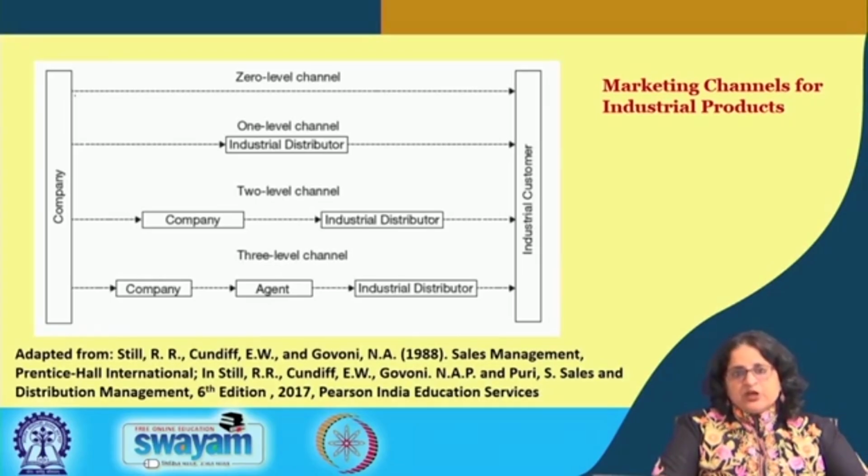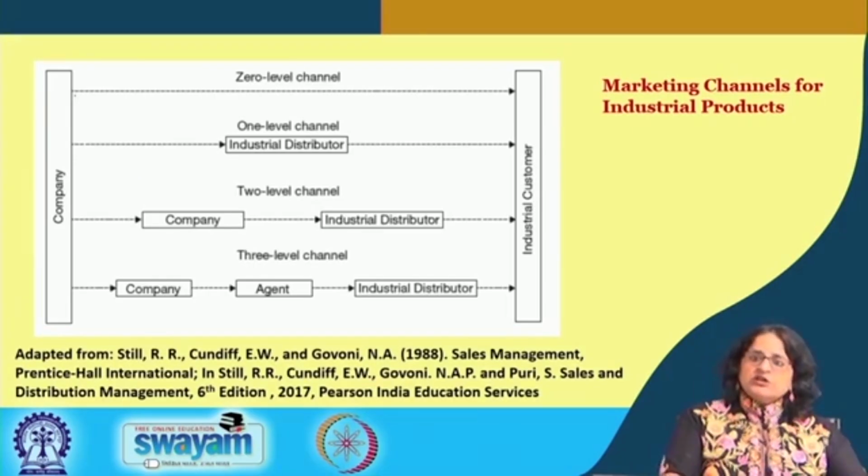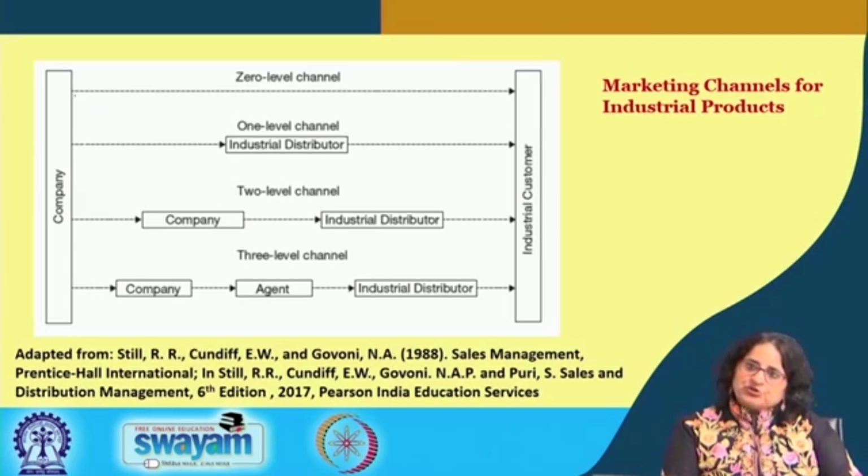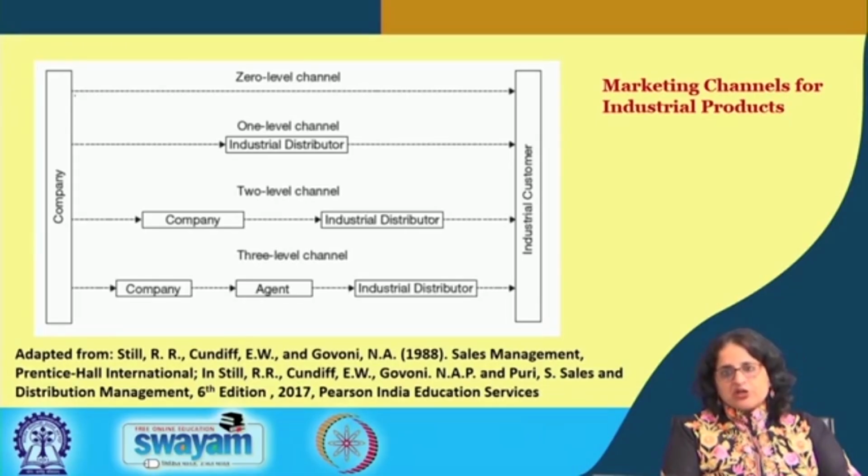And in the case of a 3 level there is a company representative and an agent and industrial distributor. But the longer the channel, the more costly it is going to be, because the channel intermediaries like distributors or agents may demand commissions and incentives, so it is always wise to have channels which are very short, so that there are direct dealings between the company and the industrial buyer or the industrial customer.